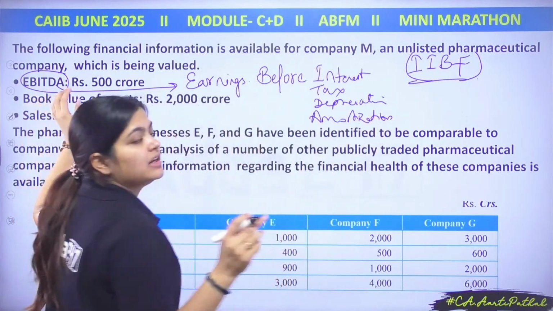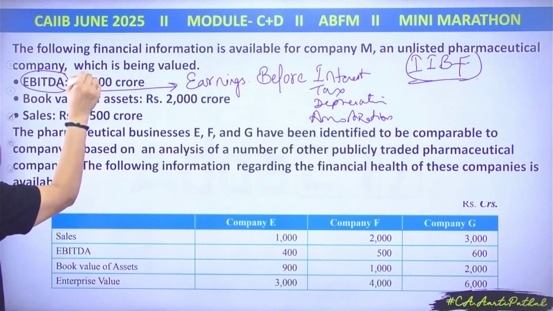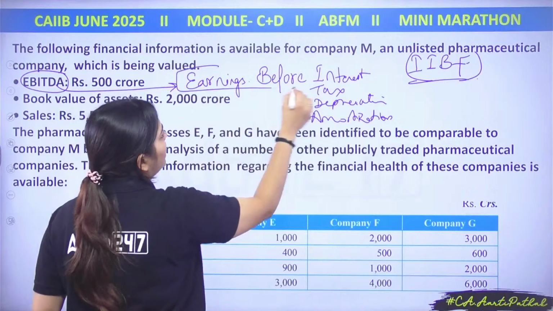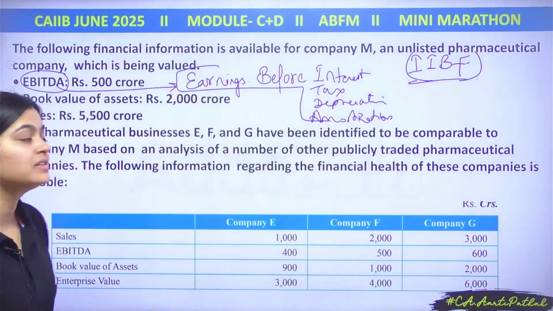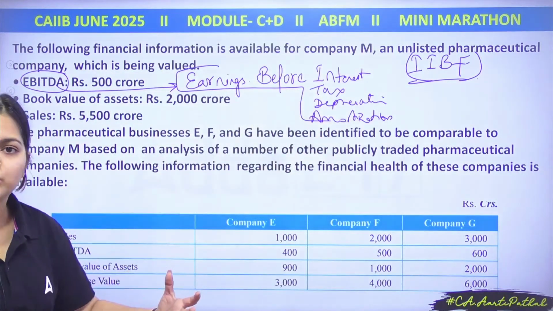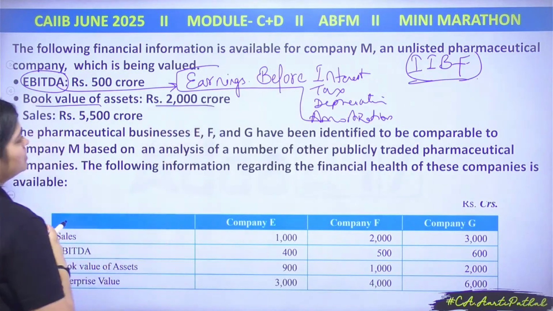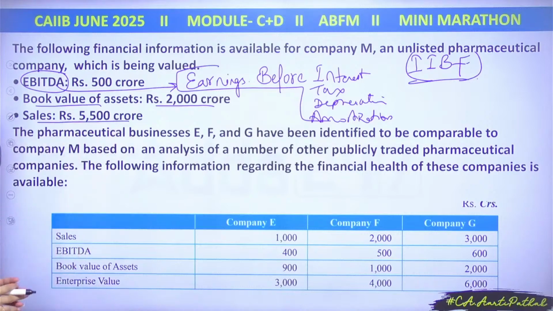These things are inclusive in this particular earnings. So we call this earnings before interest, tax, depreciation, amortization. Now you have the book value of assets, that is 2000 crores, and you have sales, that is 5500 crores.